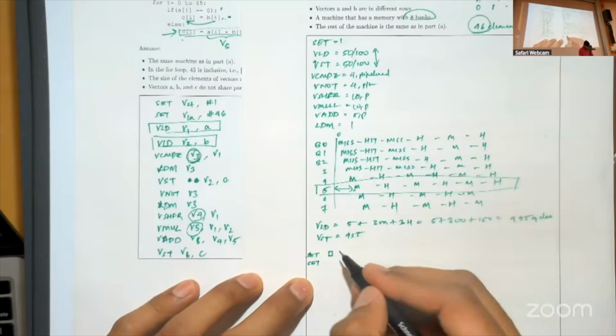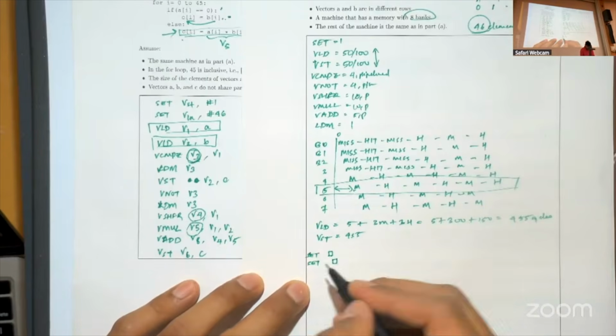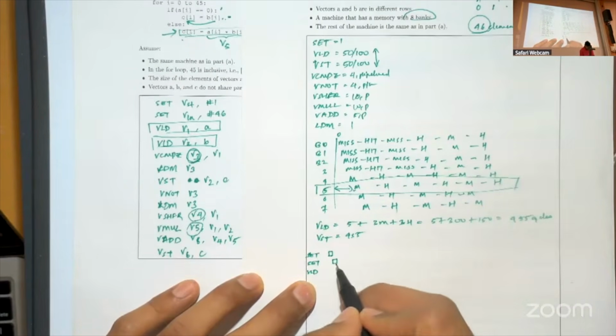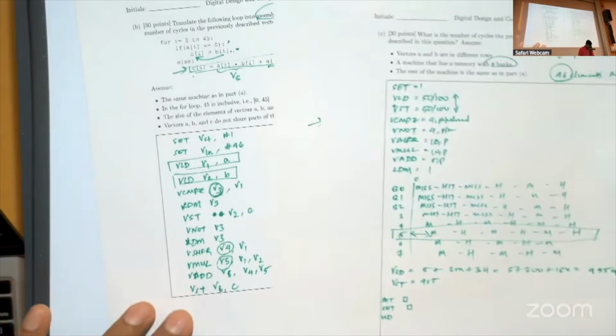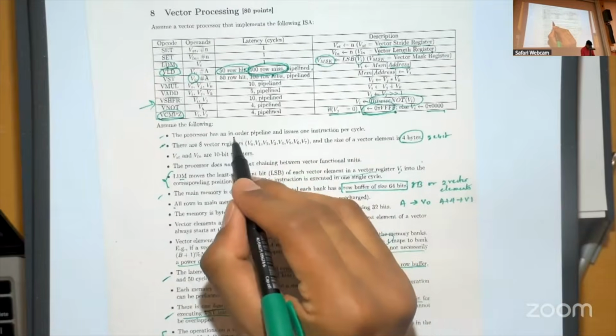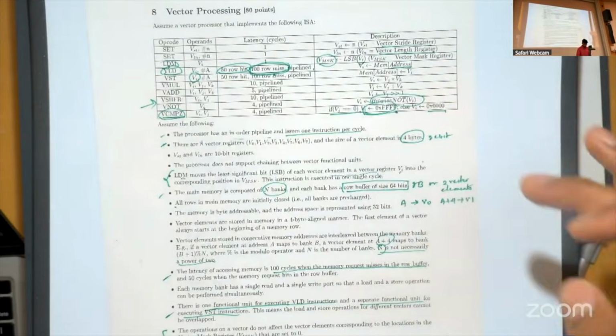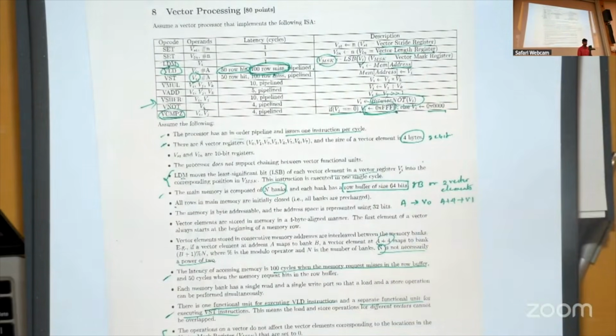It's going to take 1 cycle. Then you will have another set instruction. And then you have the VLD. The question also describes that the processor has an in-order pipeline and issues 1 instruction per cycle. So as long as you don't have an instruction going to the same functional unit, you can keep issuing instructions.